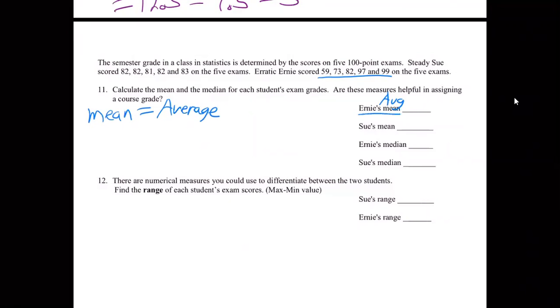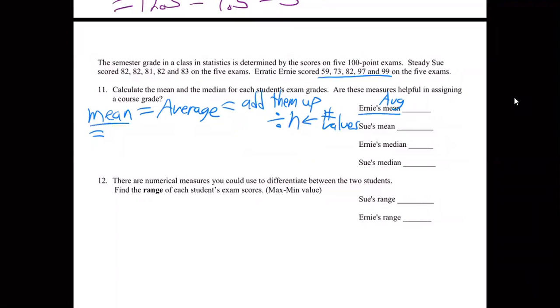Beautiful. Exactly. Do you guys remember that that's how you find the average of a group of numbers? You add them up, and you divide by n, which is the number of values. So that's going to be what?